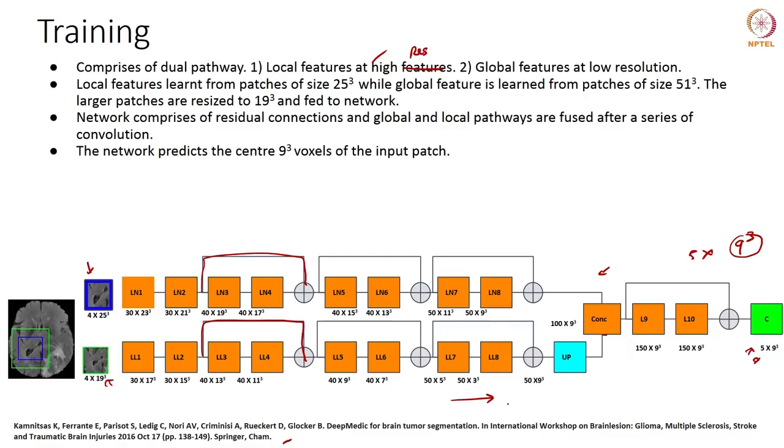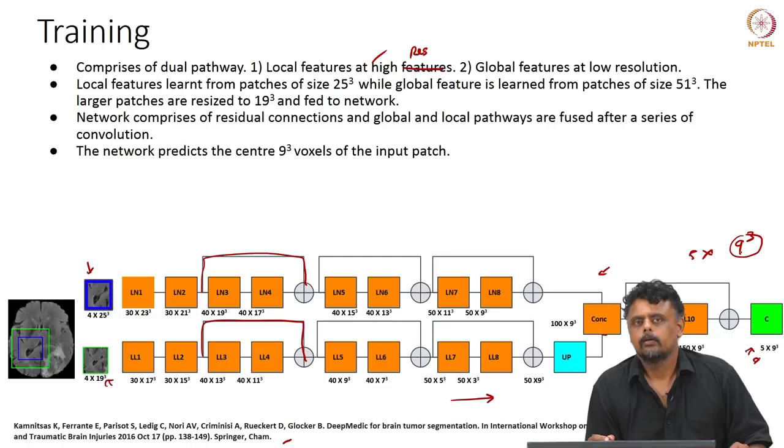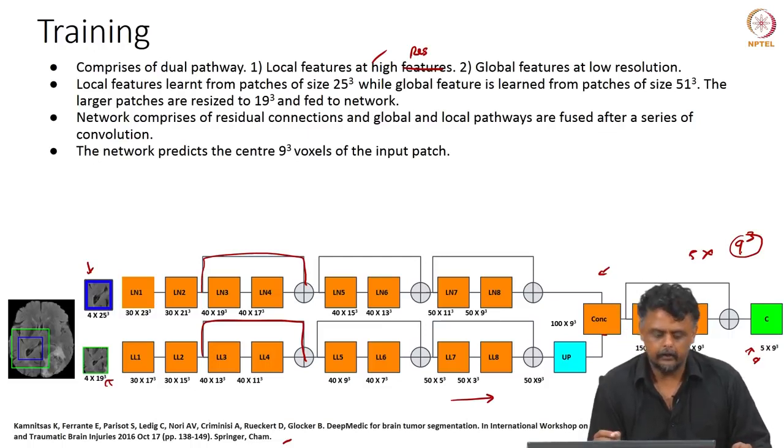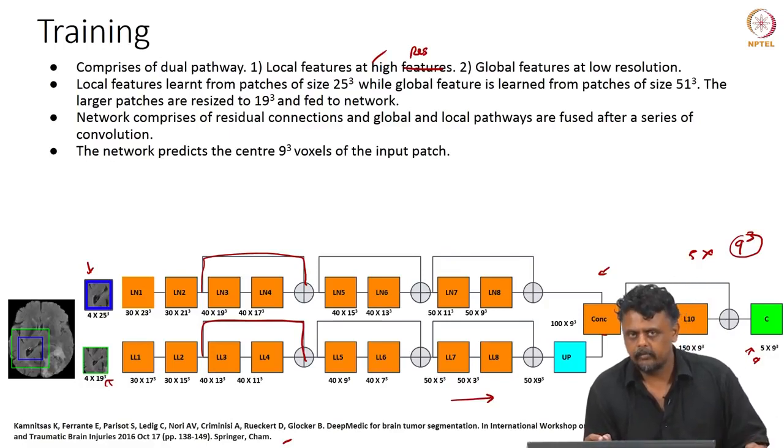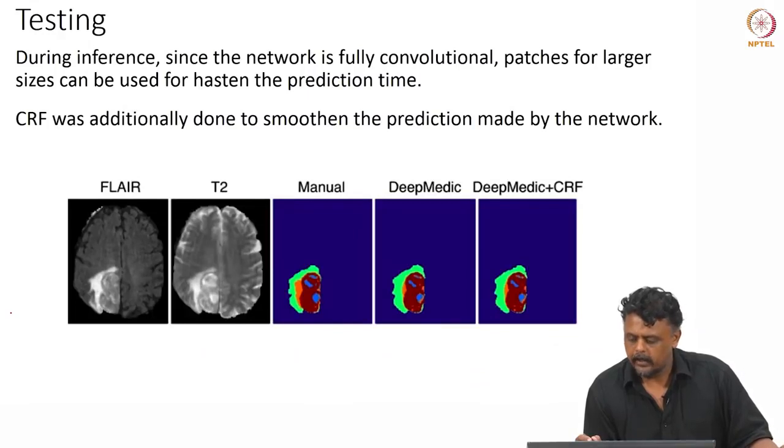So, it is not one pass to get the entire volume, but multiple passes, because you are only eventually predicting a 9 cubed. Okay, so you are predicting a small subset of pixels inside your patch, but you are considering information from a very large neighborhood of the patch, and that is easily handled by the network. They also have the conditional random field regularizer after the predictions.